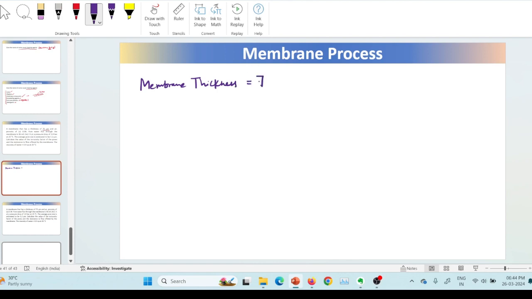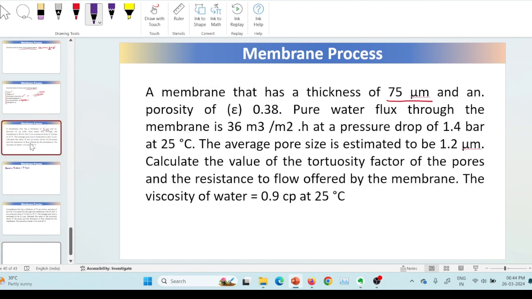The membranes are very thin, and the requirement is that they should have some strength so that they can take the pressure we apply, like the transmembrane pressure.